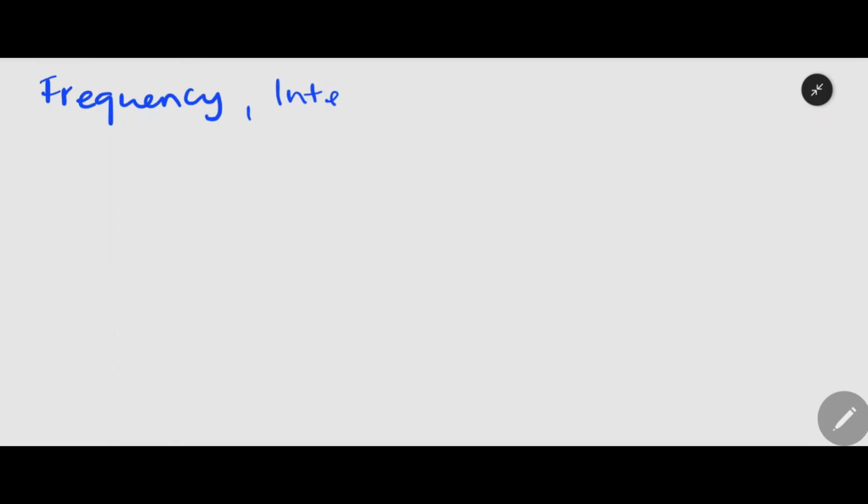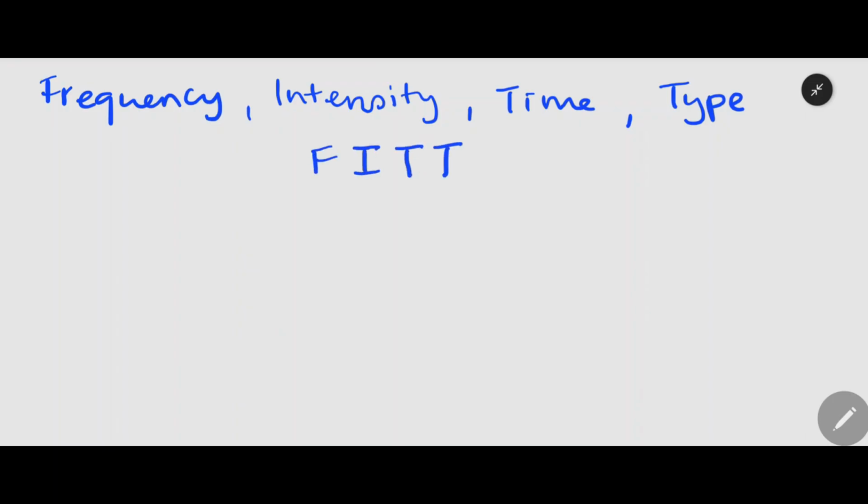We have intensity. This is how hard you train. We have time, which is the duration of your training. We have type, which is the method of training. And usually a good acronym that students use to remember this is FIT. So FIT you can use to remember these 4 principles.